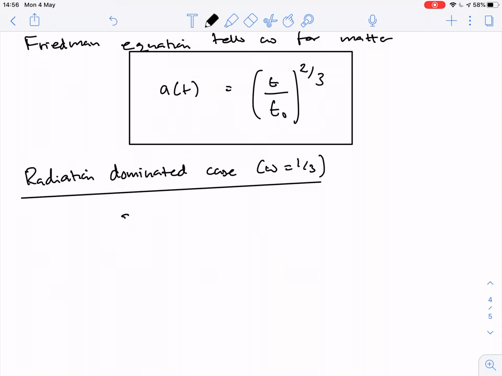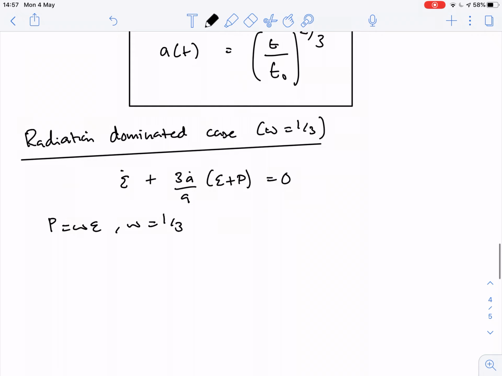So, ε dot plus 3 ȧ over a (ε plus P) equals 0. P is wε, w equals 1/3. And so this becomes ε dot plus 4 ȧ over a ε equals 0.